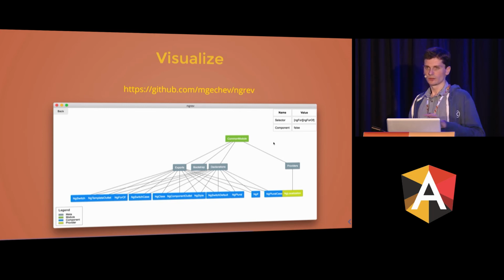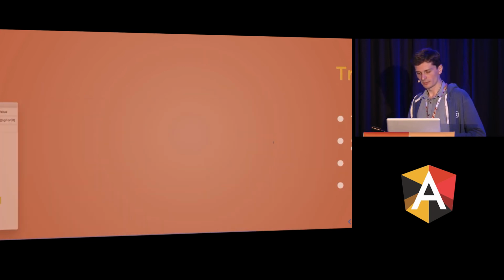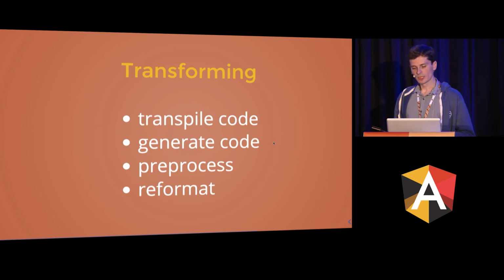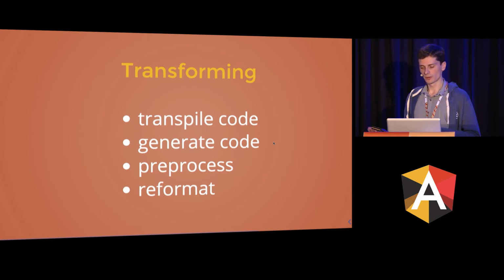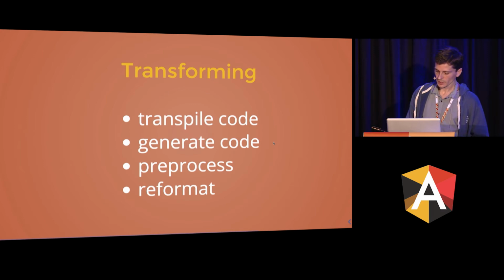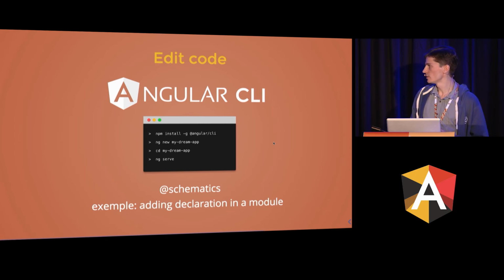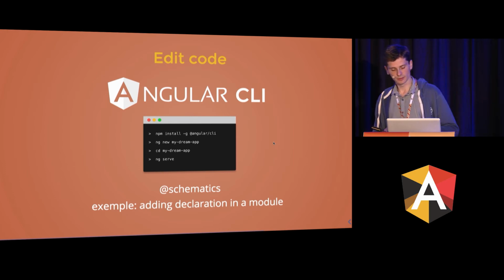The other thing you can do: we have just been playing a little with the AST of your code base, but sometimes you want to transform the code more deeply. Transforming can mean transpiling your code, generating another kind of code from a first code base, pre-processing it or reformatting it. For example, if you want to edit the code, the most famous tool that uses TypeScript compiler APIs is Angular CLI with schematics.